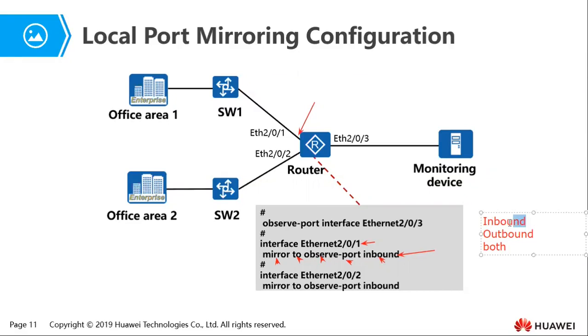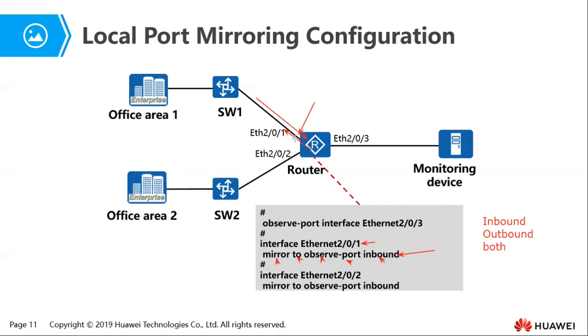Inbound means you just want to copy packets that are coming into this interface. That is what we call inbound. If you want to copy packets that are going out, then you specify this as outbound.